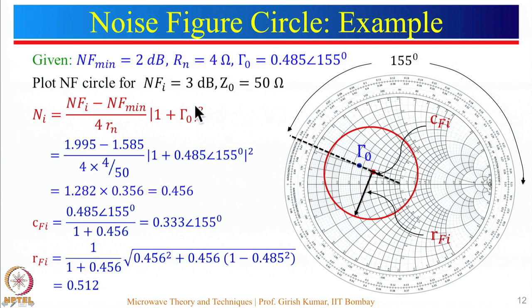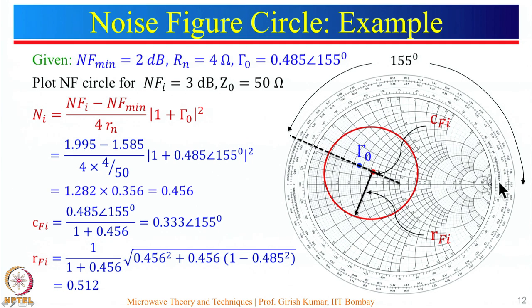Now, let us plot the noise figure circle on the Smith chart. So, first thing you should do, locate gamma 0 on the Smith chart. So, gamma 0 is 0.485 angle 155 degree. So, you draw a line which is at an angle of 155 degree, then locate gamma 0 which is 0.485. So, you know that this is normalized equal to 1.